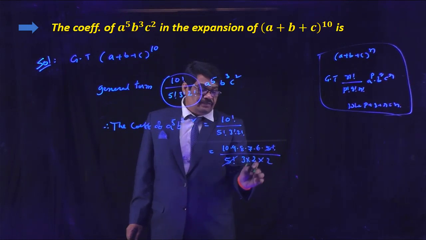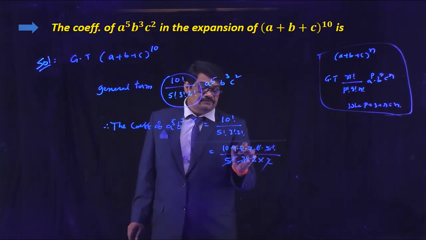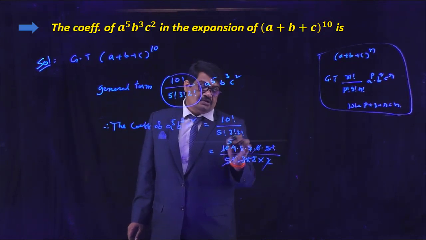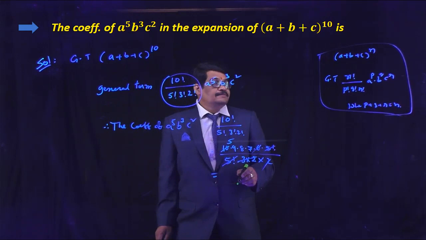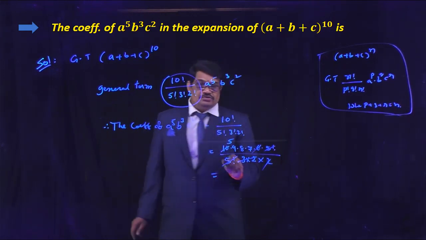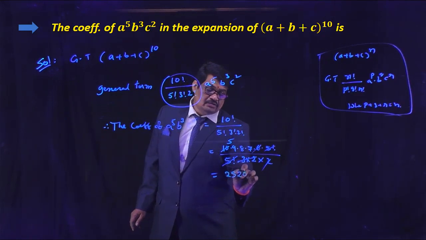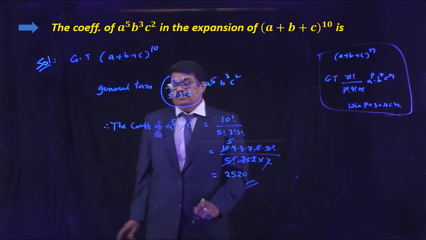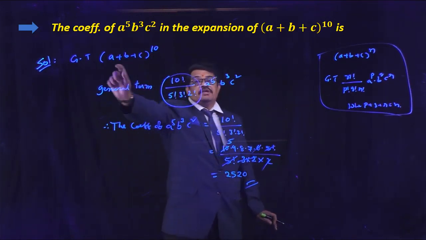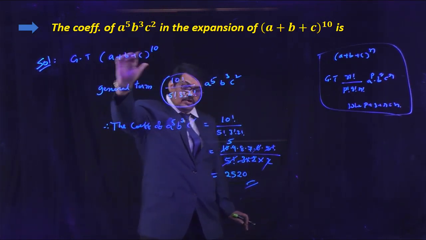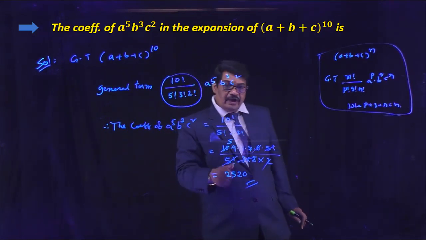This 5 factorial will be cancelled. 3 into 2 is 6 and 6 into 2 is 12. Now simplifying this one, we are getting 2520. This is the coefficient of a power 5, b power 3, c power 2 in the expansion of a plus b plus c whole to the power of 10. In that expansion, this term's coefficient is 2520.